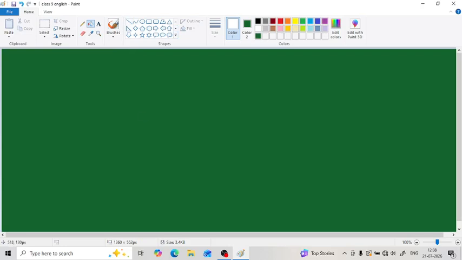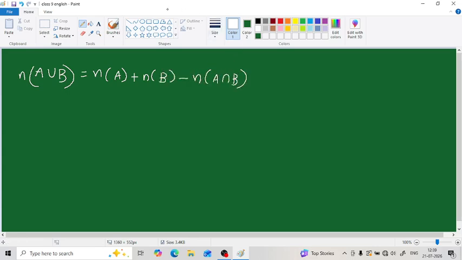So before going to the exercise questions, first we have to understand the equation, okay? And the equation is: N of A union B equals N of A plus N of B minus N of A intersection B. Okay, this is an equation and we have to study this equation by heart.